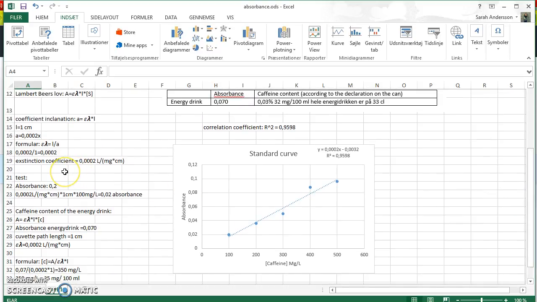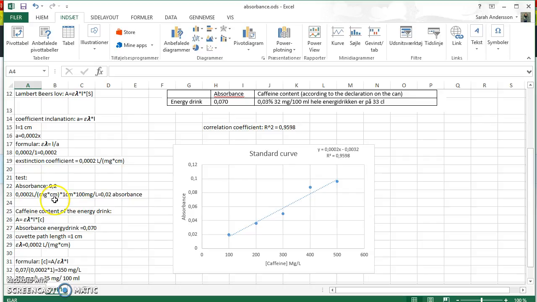After that, over here we made a test to see if the extinction coefficient, which we have calculated to be 0.0002 liter per milligram multiplied by centimeters, is correct.